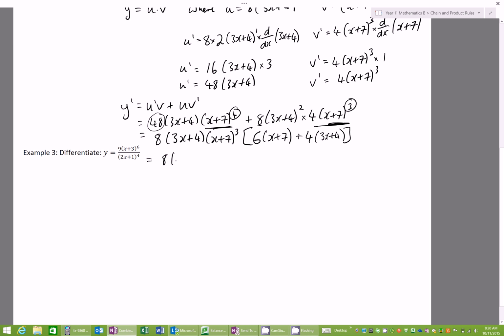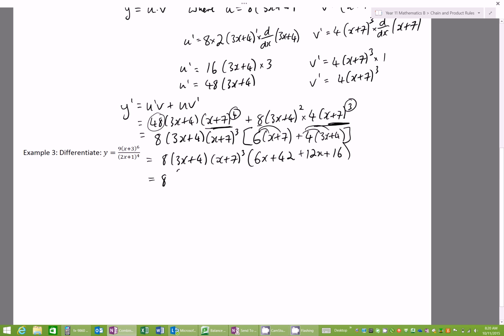Alright, so I can write all these factors beside themselves, and I can expand this bracket to see if I can simplify it into one expression. So I'll have 6x plus 42 plus 12x plus 16.